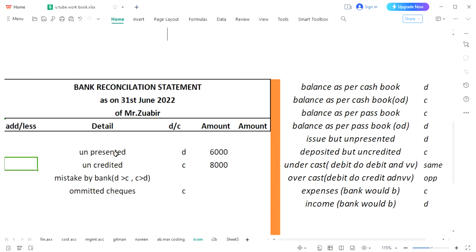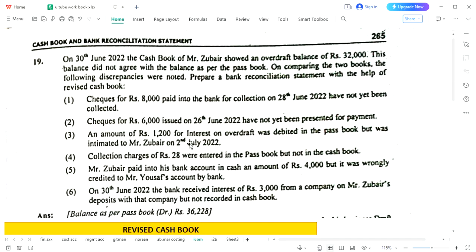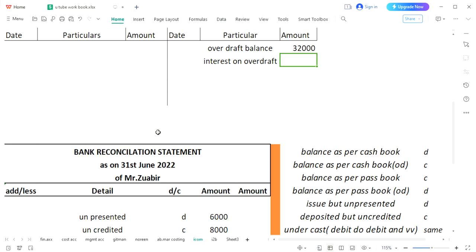These four entries are fixed for BRS. So obviously interest is not present among these four. So we will write this interest on overdraft over here. Just put narration. And let's see how much interest is on overdraft. That is 1200. Put the amount over here.